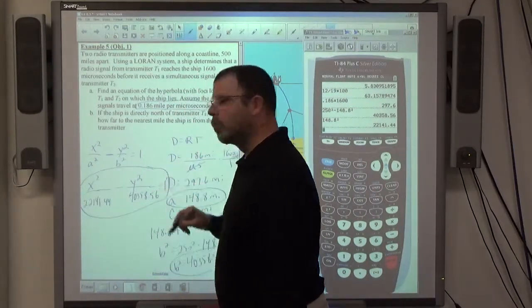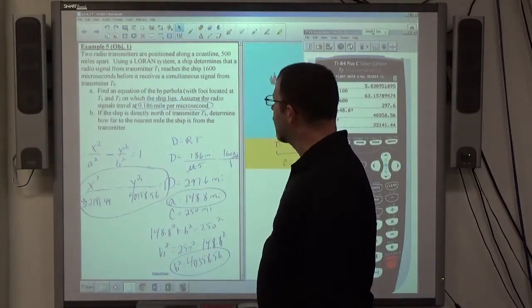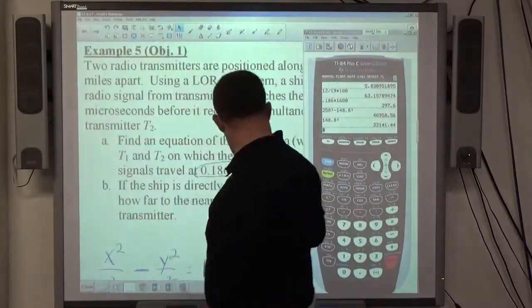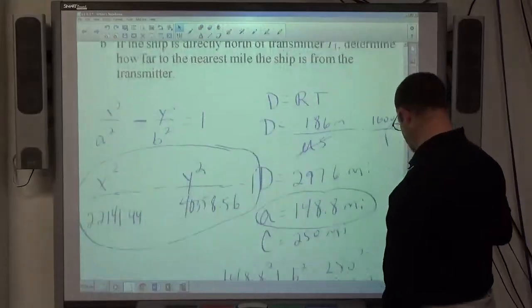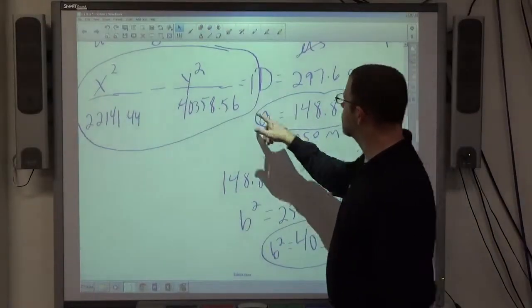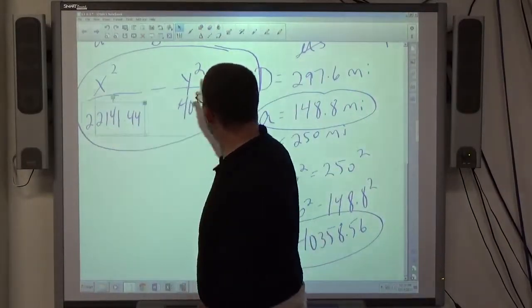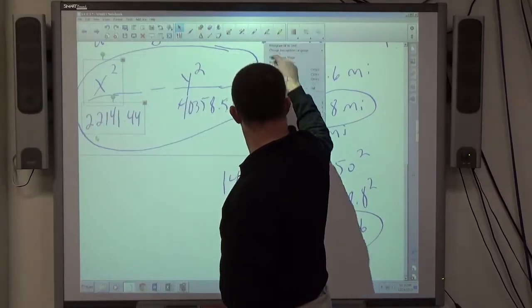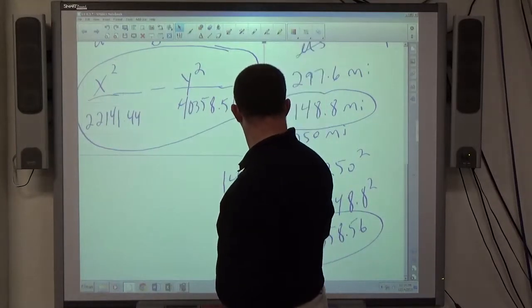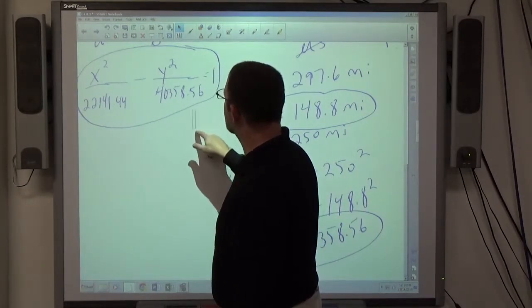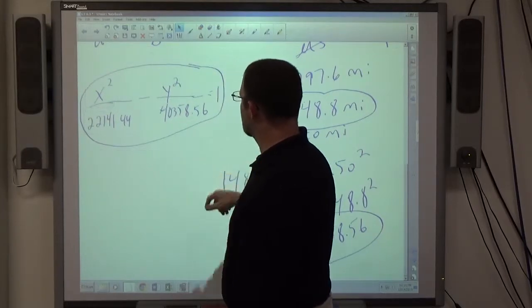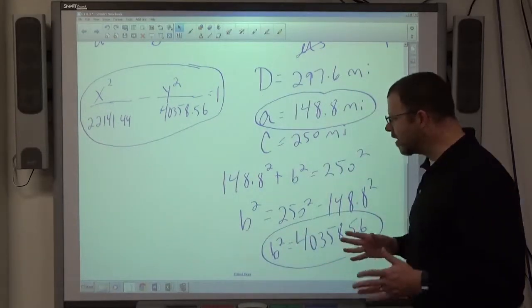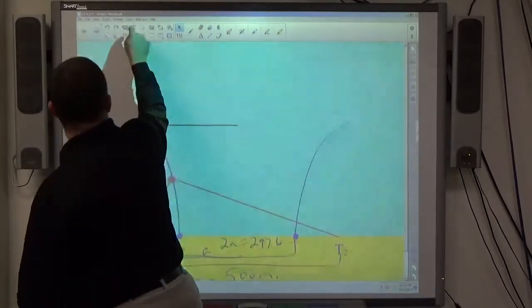You have to be very careful: equals 1 is in every one of your answers all the time. Okay, so that's question A done.